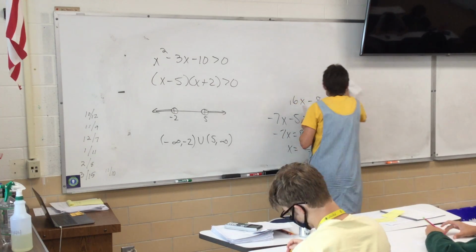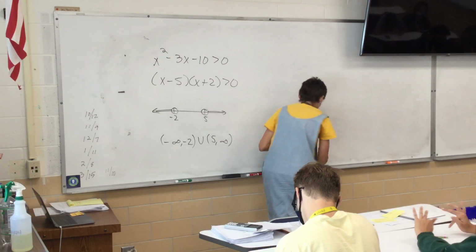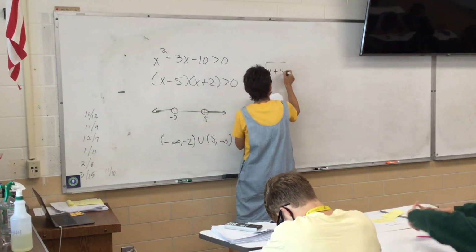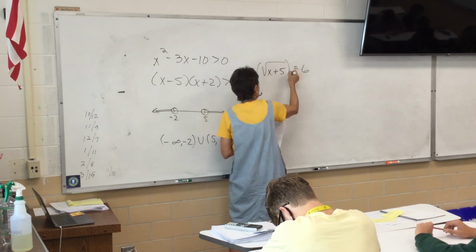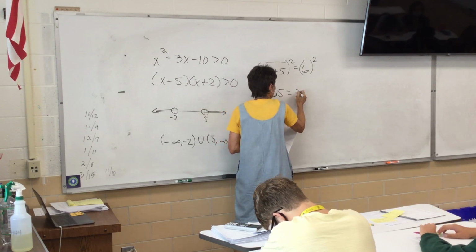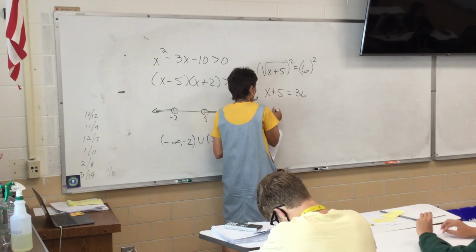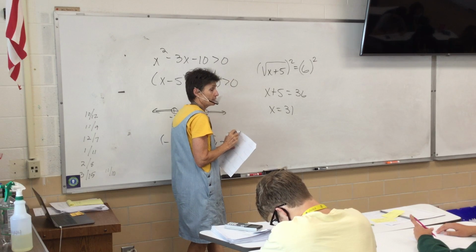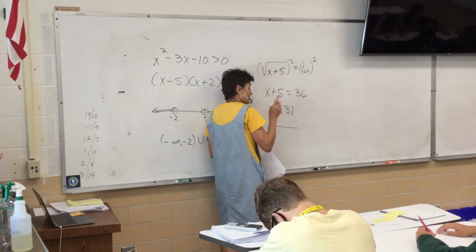Okay. What do I do with this next one? Square both sides. So squaring both sides gives me x plus 5 equal 36. So x equals 31. Now if I check that answer, because when I do the squaring, that's when I have to check.